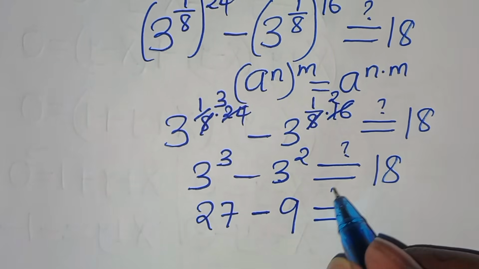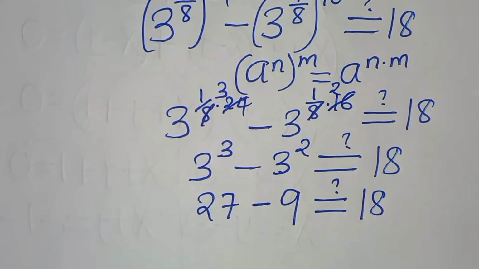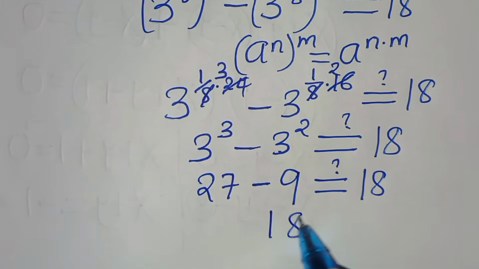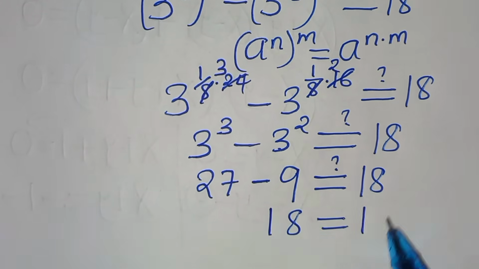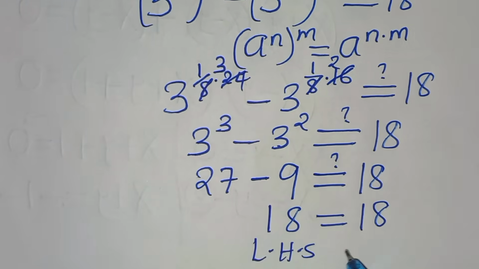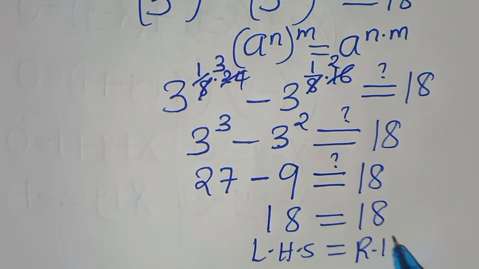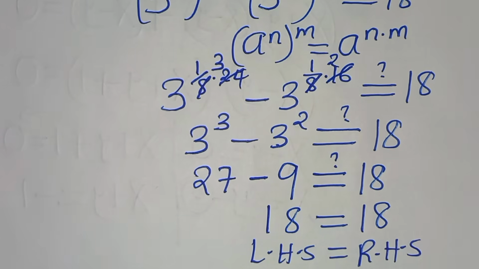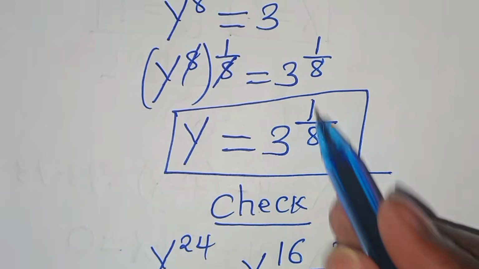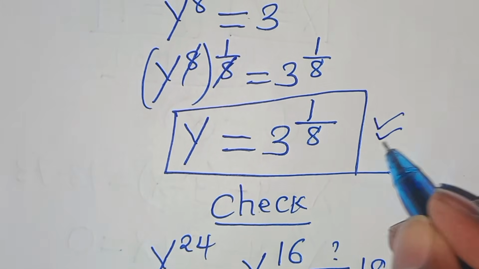So 27 minus 9, this is equal to 18, which is equal to 18. So we have that the left hand side is equal to the right hand side, and this proves that the value of y, which is equal to 3 to the power of 1 over 8, satisfies the equation.